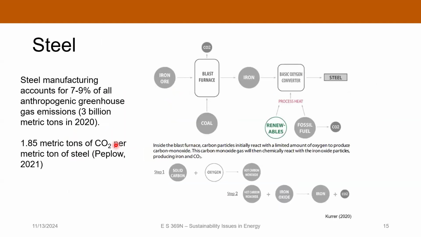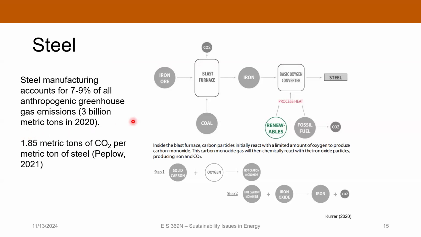Okay. Now, steel manufacturing is about 7 to 9% of all anthropogenic greenhouse gas emissions. So it's a huge contributor to CO2. Per metric ton of steel, you are producing 1.85 metric tons of CO2. So you're producing more CO2 than steel, which is crazy, okay?